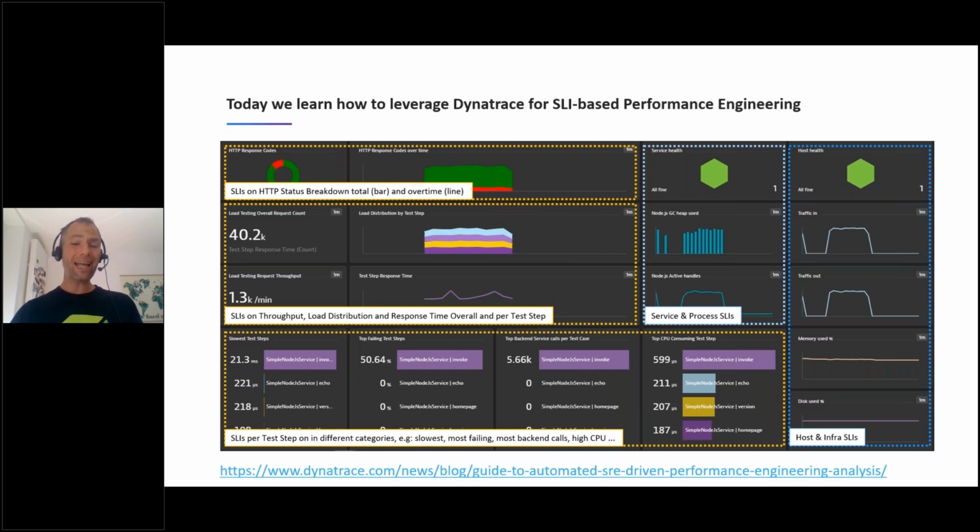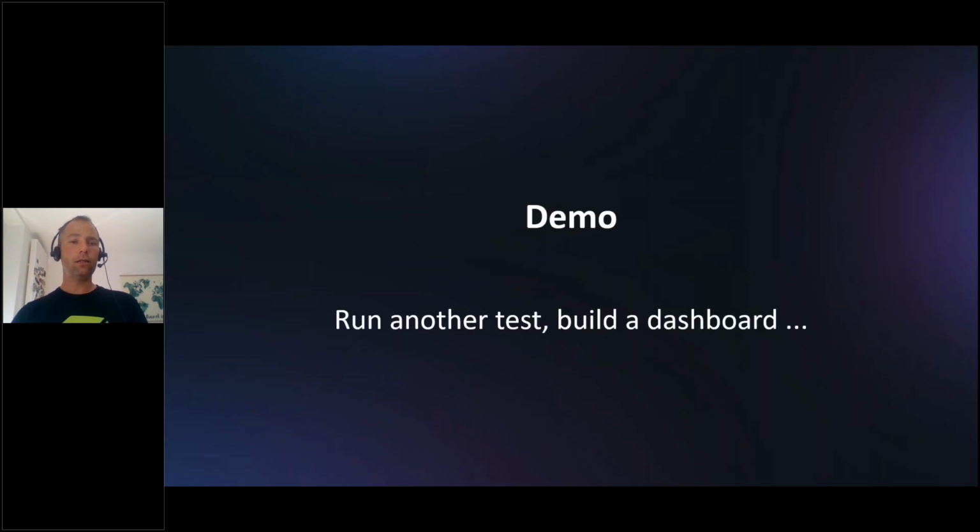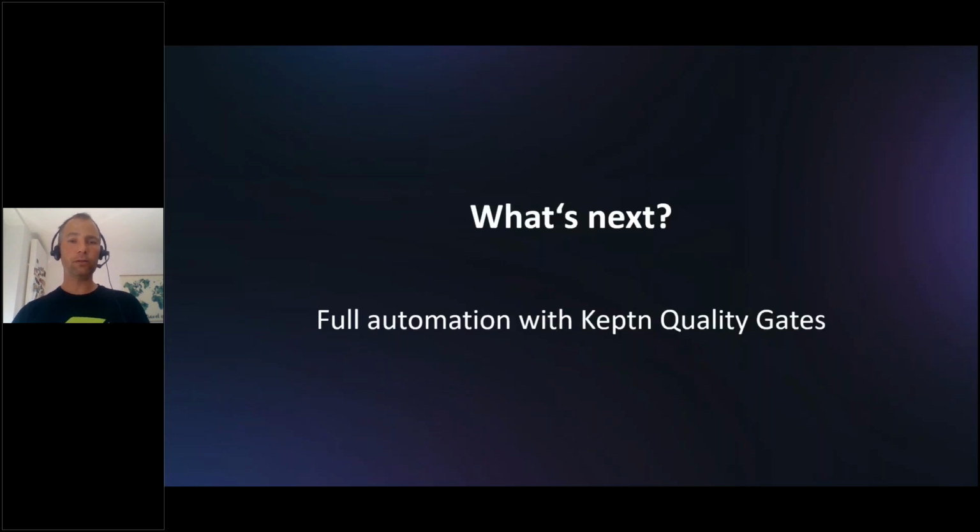If you have the proper tags on your services and on your hosts, you can build one dashboard that you can also then repurpose easily for other projects, and then just use management zones for filters, so the same dashboard can be used for different projects, for different test environments. Yeah, run another test, build a dashboard. Yeah, that's it. So what's next?